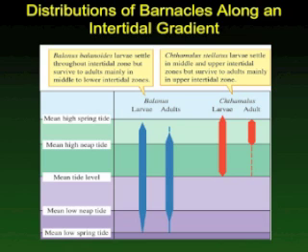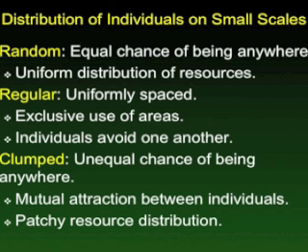The distribution of plants and animals can be categorized in terms of small-scale distributions into three main categories: random, regular, and clumped. Random distribution basically says that they could occur just about anywhere in a particular area. There isn't any competition or attraction or anything going on in order to determine their distribution.